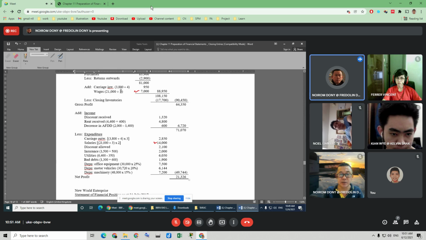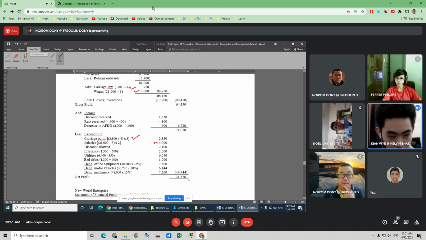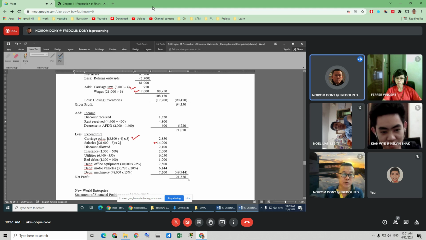So the balance, that is 3/4, is carriage outward. Look at this, carriage outward: 3,800 divided by 4 times 3. One is just 1/4 and the other is 3/4. Because the wording is a quarter, a quarter is for the warehouse.